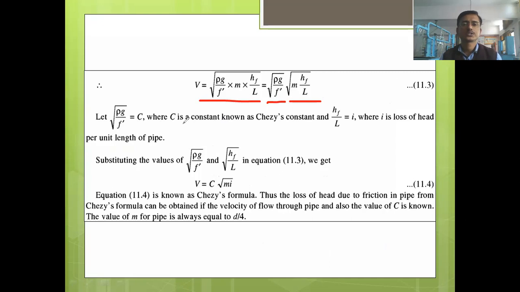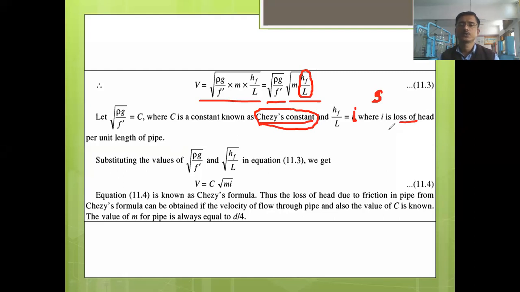This constant c is called the Chezy's constant. The scientist who found this derivation gave that constant the name Chezy's constant, equal to c. And hf upon L is the loss of head per unit length of the pipe, so instead of that he has used the term I. Some authors use the notation S for denoting this; I or S, both are the same thing.